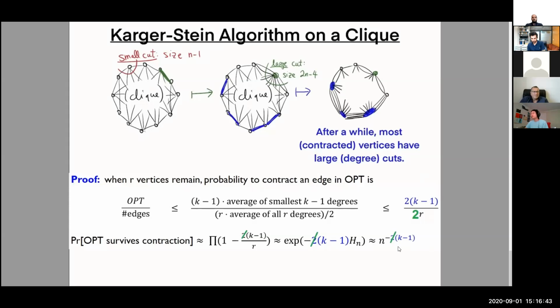Of course, this is assuming that this happens soon enough in the contraction algorithm that the better factors we get dominate the original tight factors with the factor 2. So that's essentially the intuition why you should expect the Karger-Stein algorithm to do better than the original analysis.